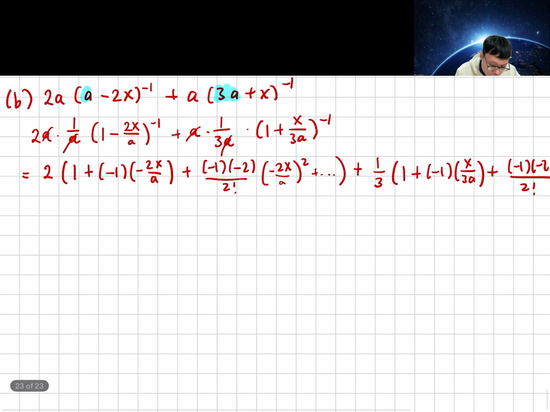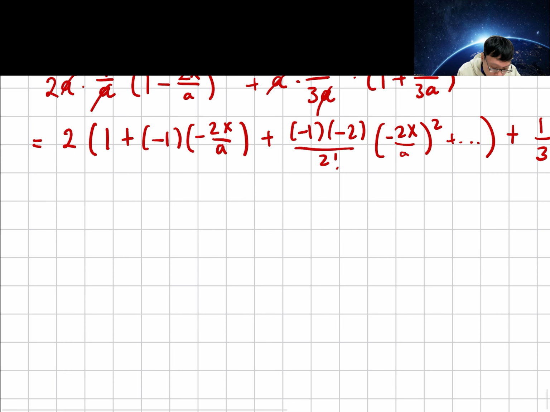Okay, so we can simplify a bit. You can distribute the 2, you get 2, and this one plus 4x over a, and then 2 times all of those things. This can cross out with this, so we get 2 times 4, you get 8. So plus 8x squared over a squared.